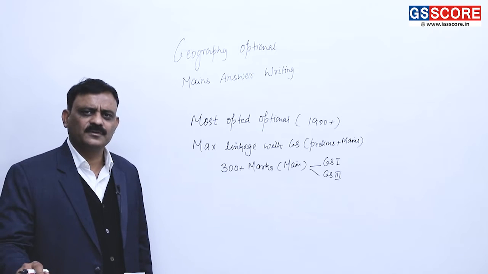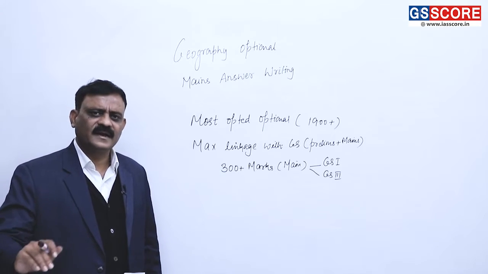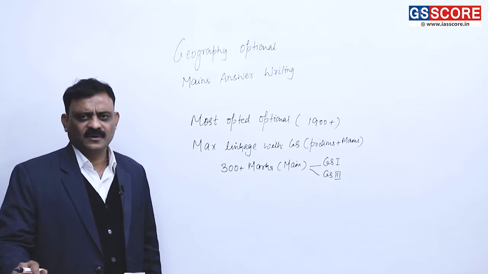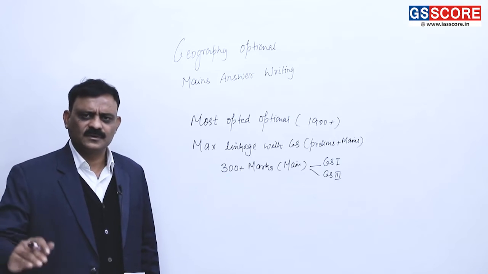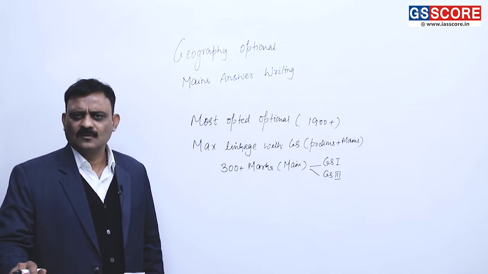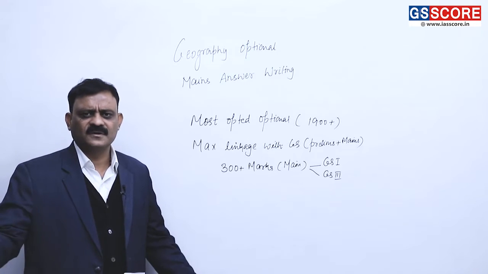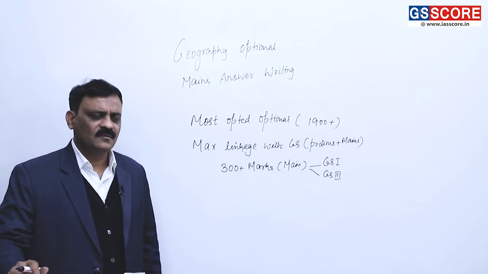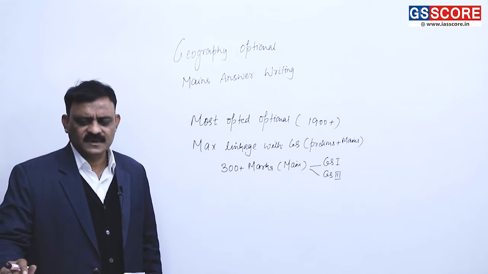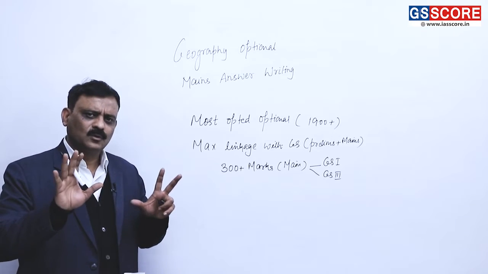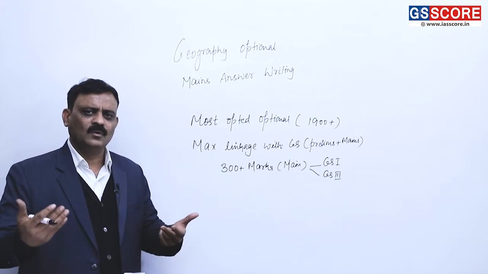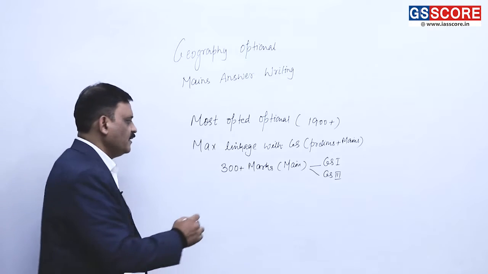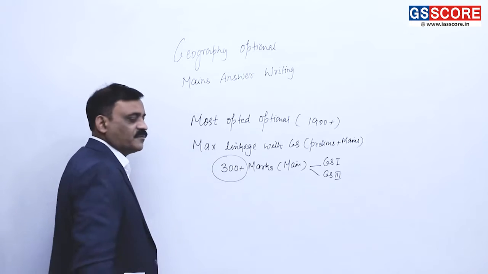You can answer many economics questions with the understanding of your geography optional, because in geography we have a complete economic geography, where we study agro-economics, economics related to infrastructure and planning. Each and everything is helpful for other areas of GS. But even if I take only those areas commonly known as geography, around 300 marks are related to it.